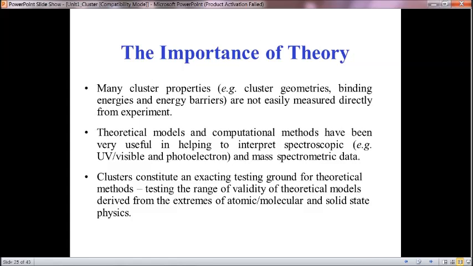The importance of theory present with this cluster is given over here. Many cluster properties, for example cluster geometry, binding energy and energy barriers, are not easily measured directly from experiment. Theoretical models and computational methods have been very useful in helping to interpret spectroscopic and mass spectroscopic data. So from studying this itself, we can tell this nanotechnology will be developed based on experimental results only.